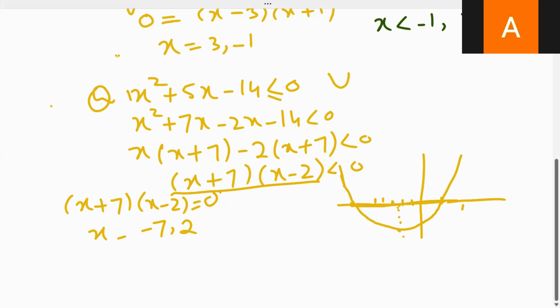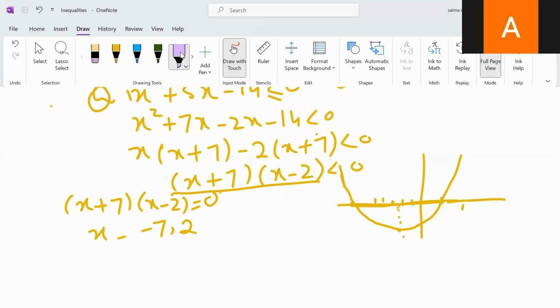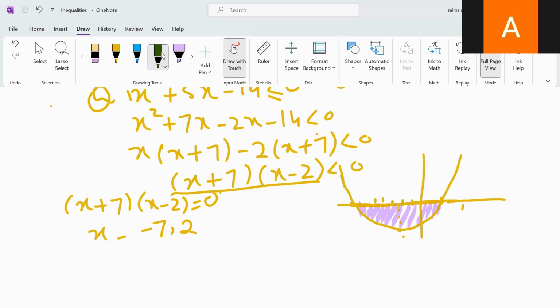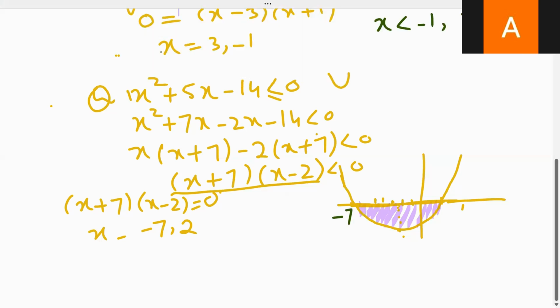Because this is less than 0, the solution will be represented by the range of values below the x-axis. So first we highlight the portion below the x-axis. This is -7 and this value is 2.